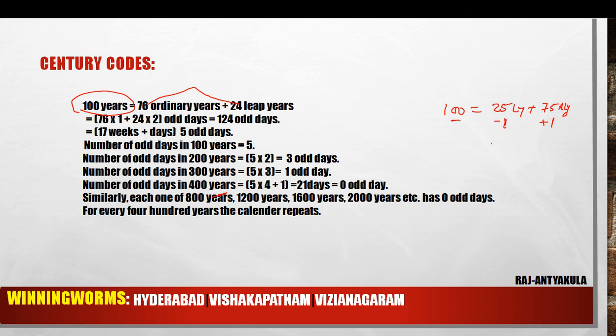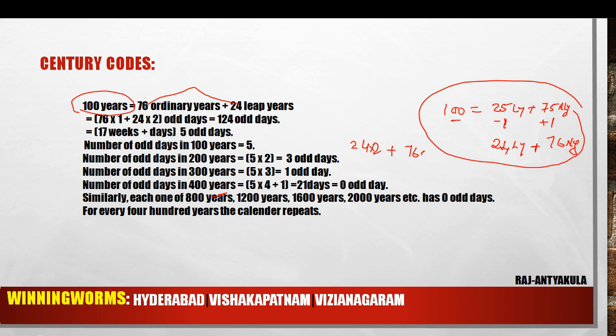So the number of leap years is 24 and non-leap years is 76. Is this clear? Now every leap year has 2 odd days. So 24 into 2 is 48. That is the reason we are writing here 24 into 2 plus, every non-leap year has 1 odd day, so 76 into 1. Total we get 124 days.